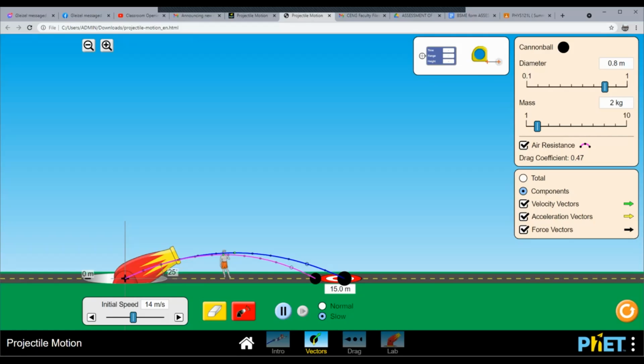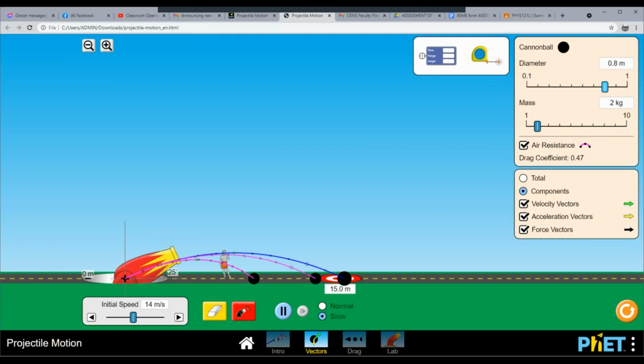Given the air resistance, what happens? Mas nag-decrease po. Gumaan, mas binawasan natin yung mass, nag-decrease pa rin ang kanyang distance na na-travel.